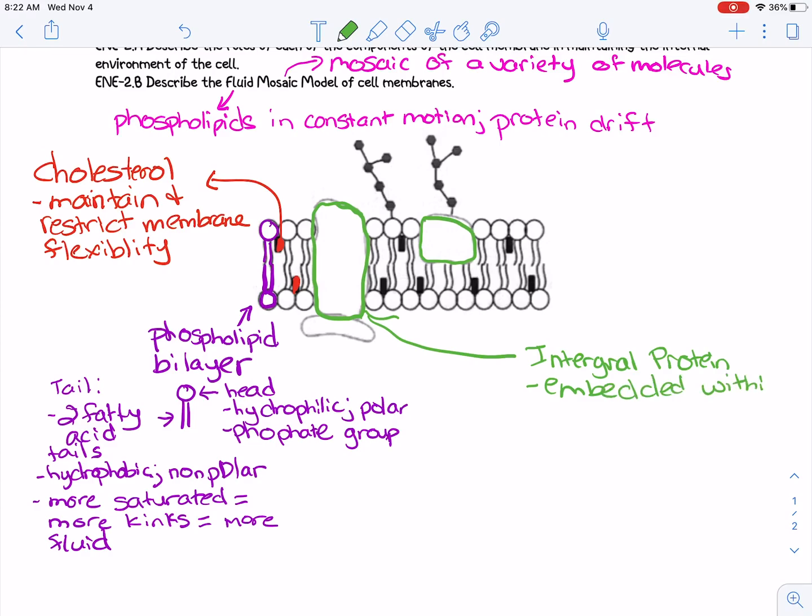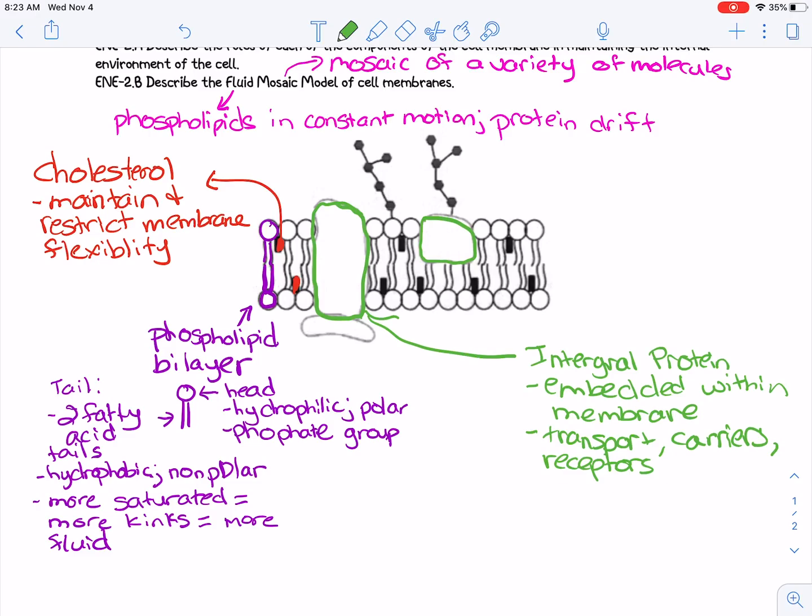Part of their structure is hydrophobic, like the inside part, and the outside part is hydrophilic. We're going to see them do all kinds of things, but a lot of times they're transport carriers. They also act as receptors. We're going to see them lots and lots.